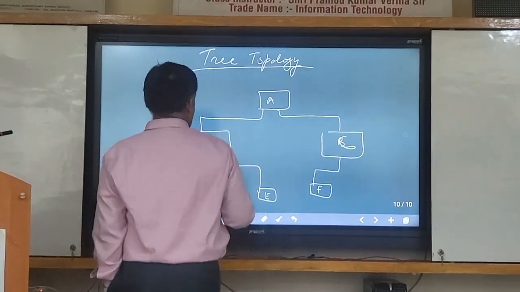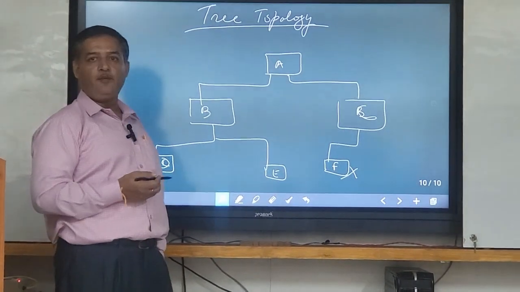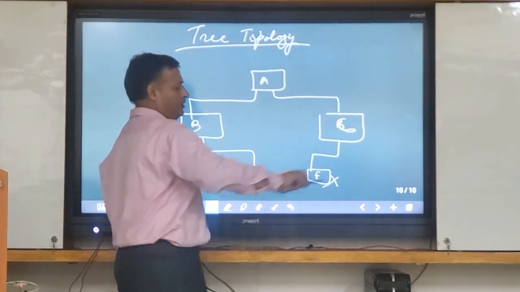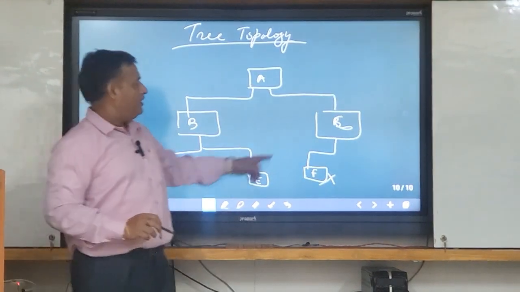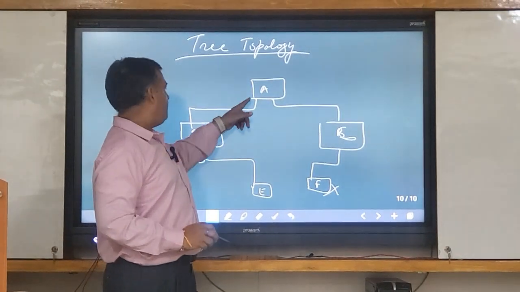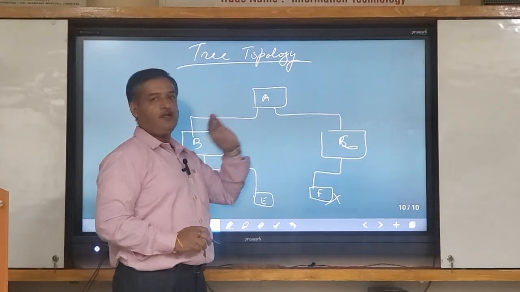This is a very good type of topology, but if this computer fails, nothing happens, that is separate. C is working, C can transmit data anywhere, B is working, E is working, data can be shared anywhere.